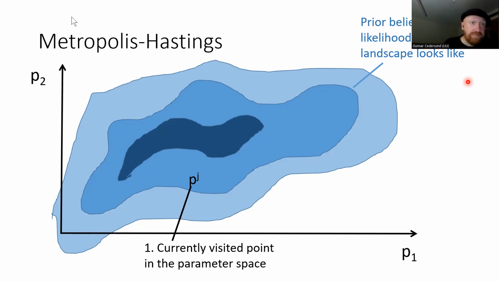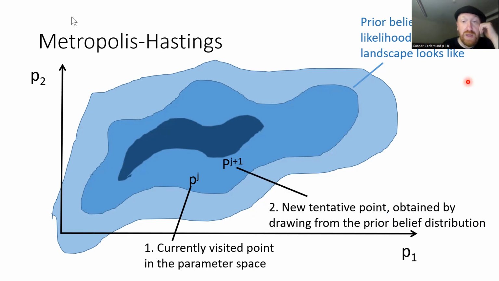You update it by adding points to it. So you are at a specific point in this parameter landscape, and then you draw a new point, and you draw this new point based on the current belief. So you are more likely to draw it here in the middle where you already have lots of points, but you can draw it basically anywhere because there is some probability that you will draw something basically everywhere.